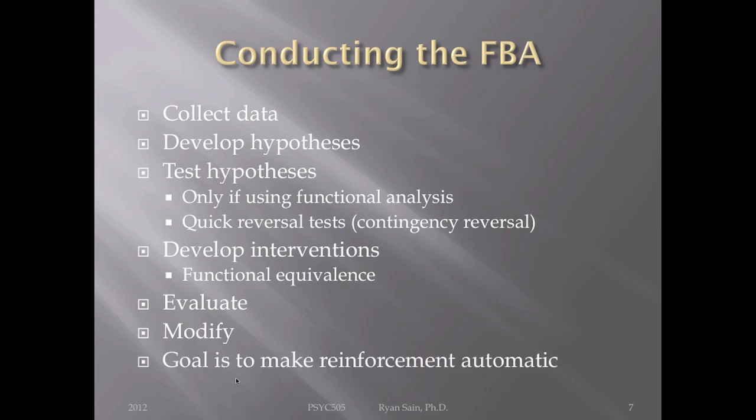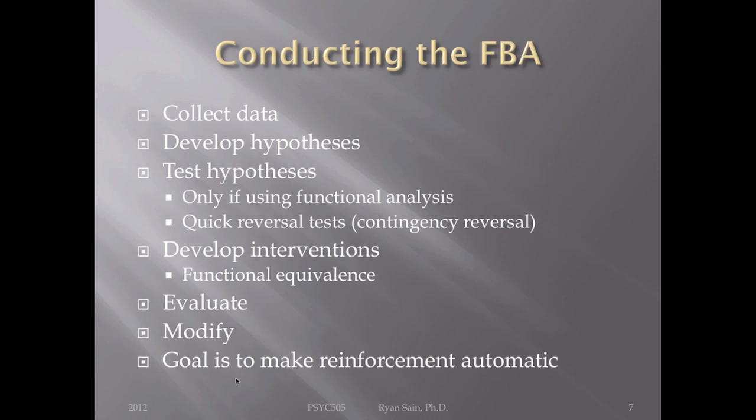The ultimate goal with FBAs is to get away from this contrived reinforcement situation. And yes, you may need to use a contrived reinforcer to select the appropriate behavior. But ultimately you need that behavior to be automatically reinforced, or the natural environment will maintain that behavior. If you can achieve that, you've been unbelievably successful. And how long does it take?